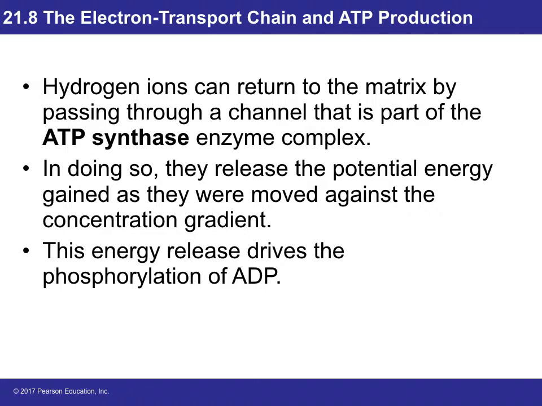And those hydrogen ions can return to the matrix by passing through a channel that is part of the ATP synthase. Doing so, they release a potential energy gain as they were moved against the concentration gradient, and this energy is the one that really drives the phosphorylation of ADP. That is the maximum amount of ATP molecules that are made.